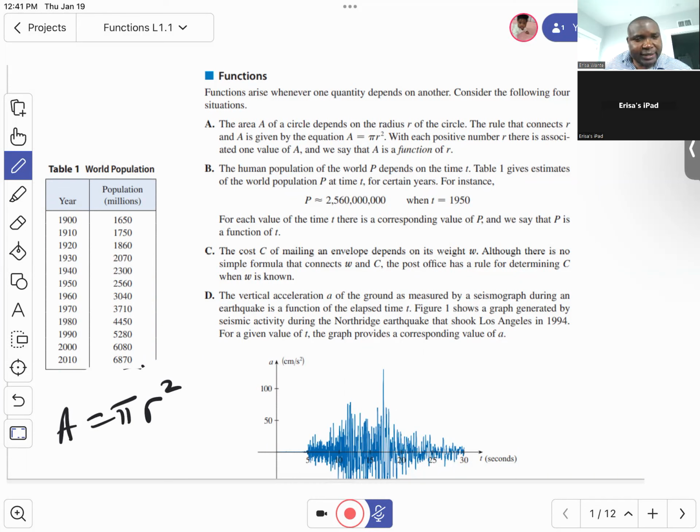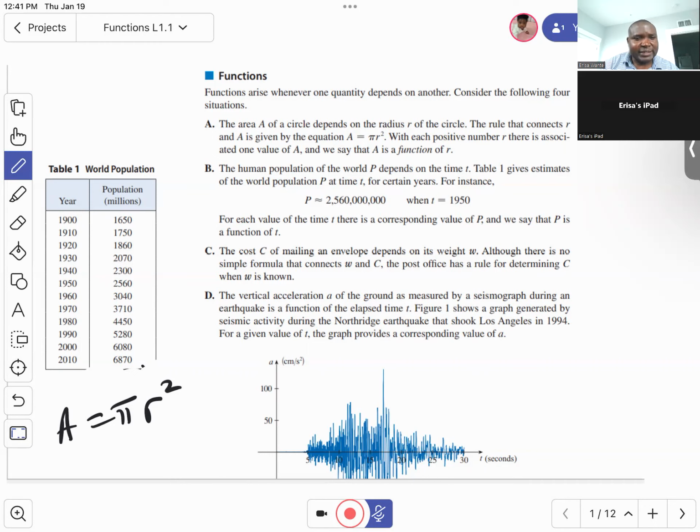On my left here, I have a table showing the world population in millions since 1900. You can see in 1900, the world population was 1.65 billion people, or 165 million people. Then in 1910, that's 10 years after, the population went to 1.75. You can see what happened in 1920, 1.86.